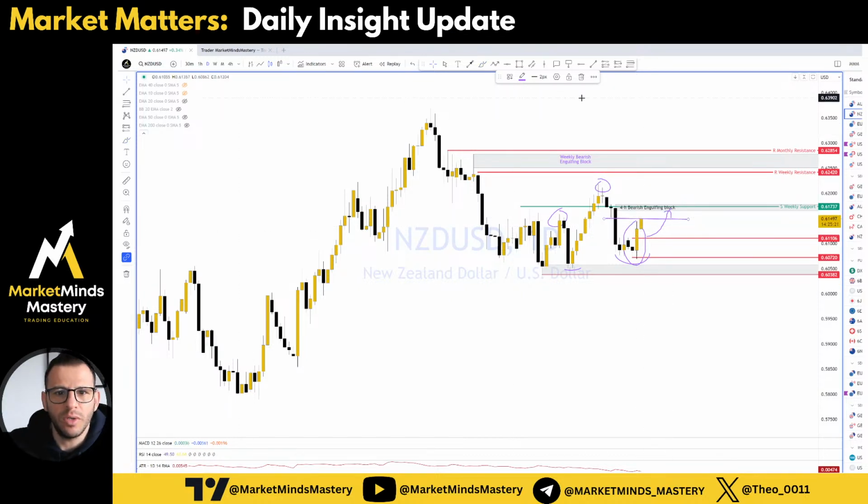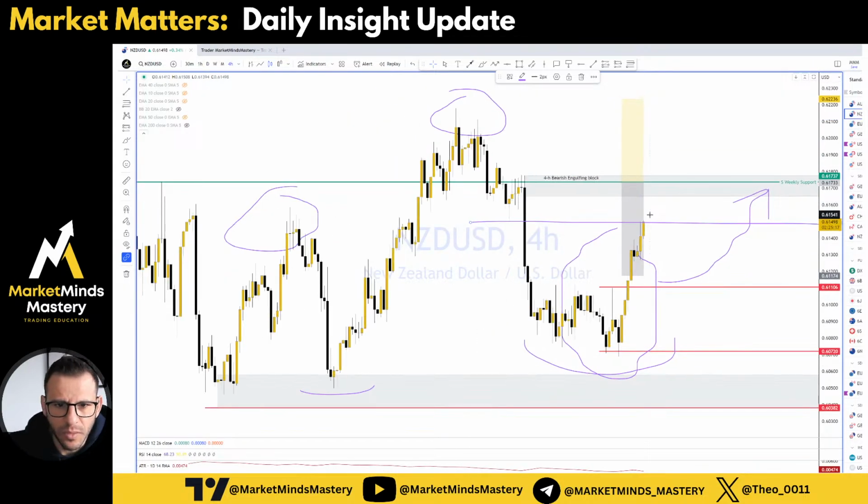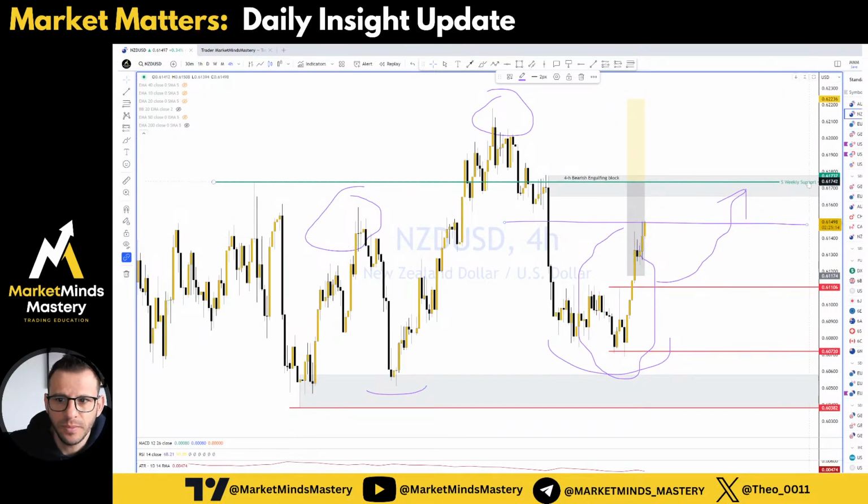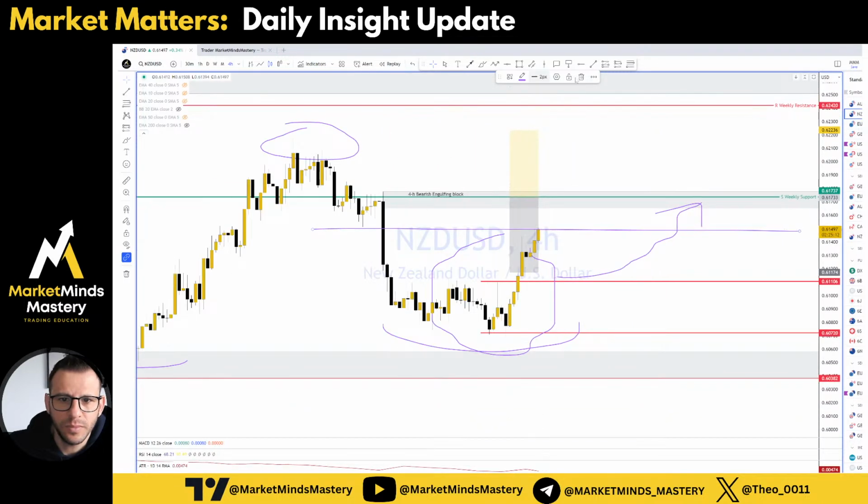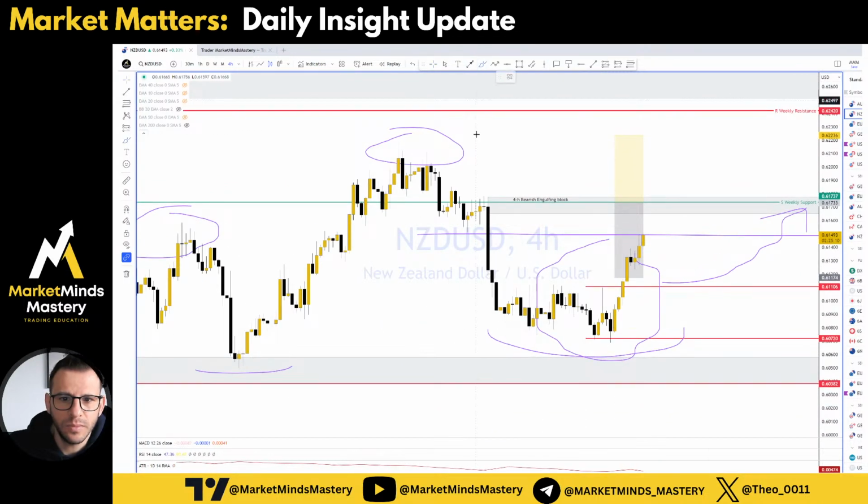And if we scroll down to the lower time frame, of course, on the 4-hour chart, you can see that the price is trying to mitigate all these areas here, or the price levels here.